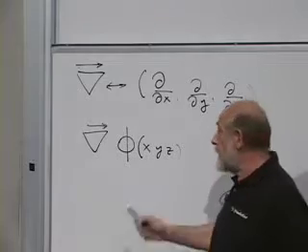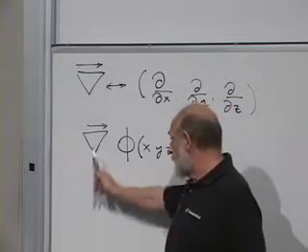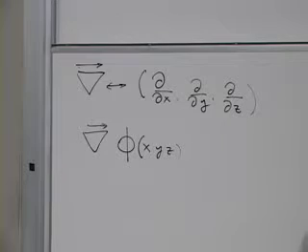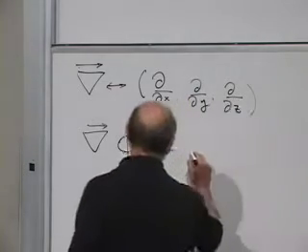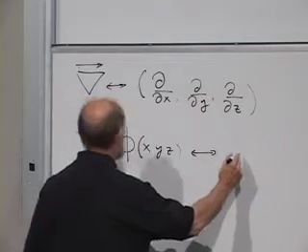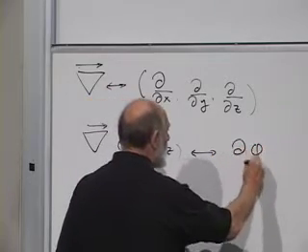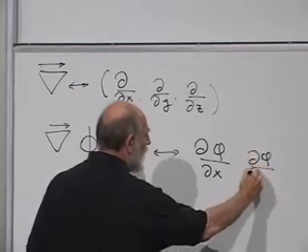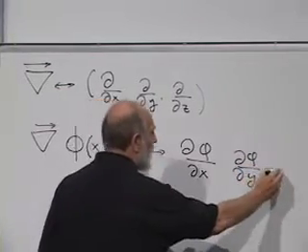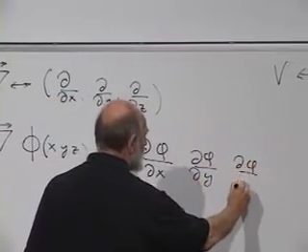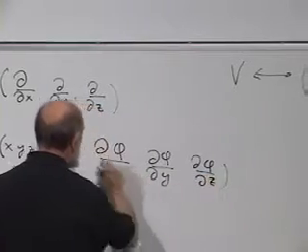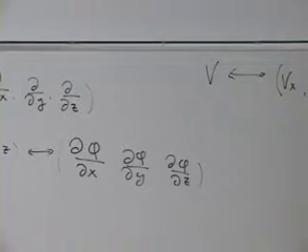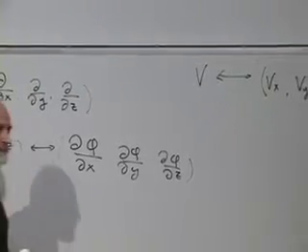It makes a vector. Phi is not a vector, but del phi is a vector. And what are the components of the vector? The components of the vector are just the derivative of phi with respect to x, the derivative of phi with respect to y, and the derivative of phi with respect to z. So it creates a vector from a scalar. That's one example of the use of del.